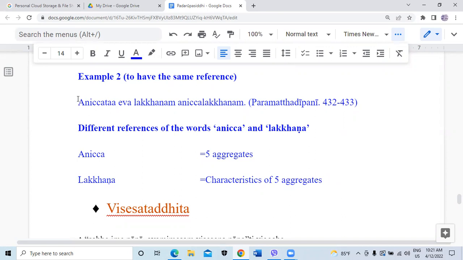What I mean is that according to the Bhāvataddhita, it is the Kammadharaya. But when we see the word anicca lakkhana, you can also think of it as the jati tapurisa, right? In the translation, like this.